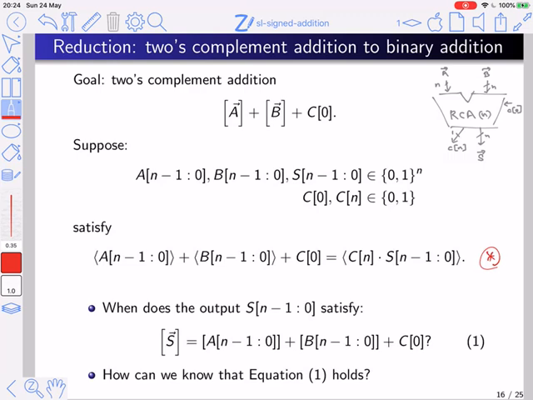So I have this nice relation between A, B, C0, Cn, and S. But this is not the sum I wanted to compute. The sum I wanted to compute is this sum. So, is it ever possible that this string S represents, in 2's complement representation, the desired sum? How can we know if this equation actually holds, and when does it hold?